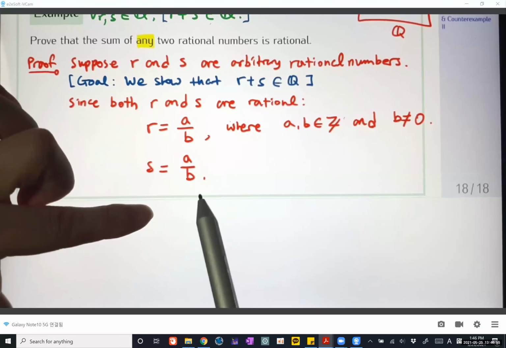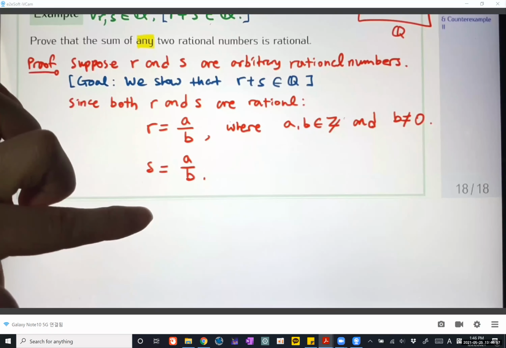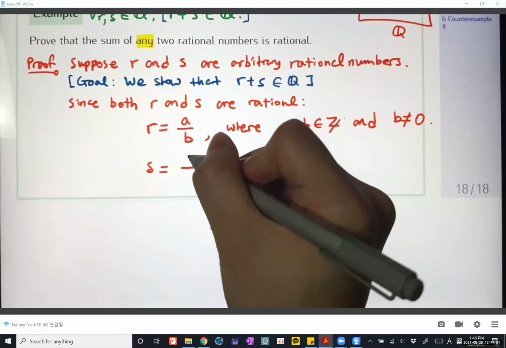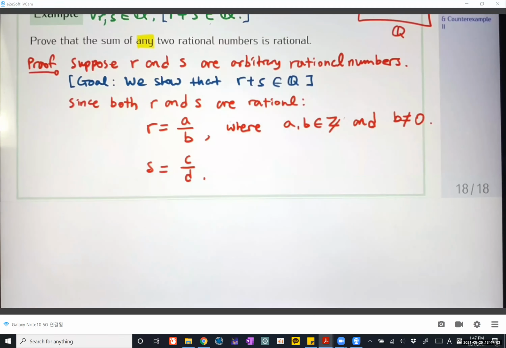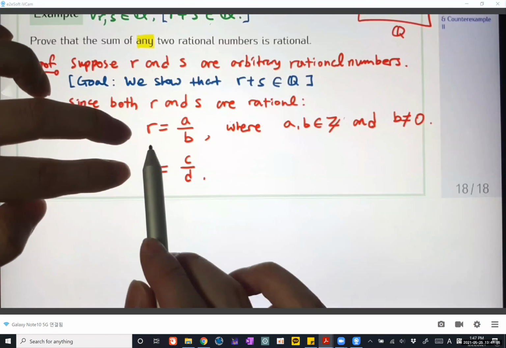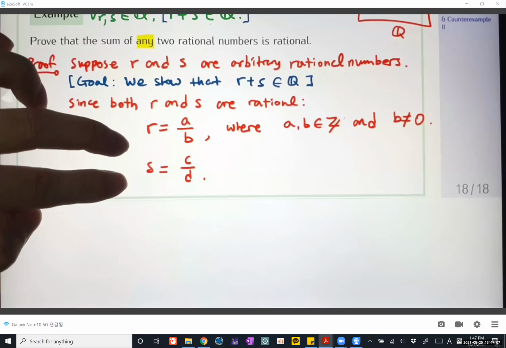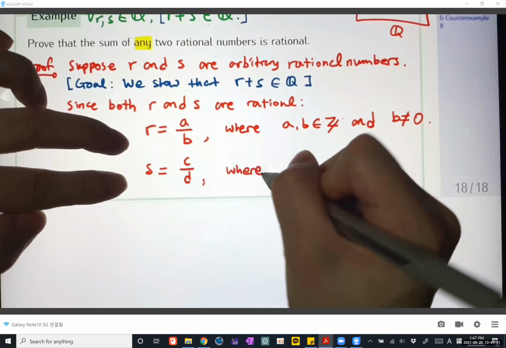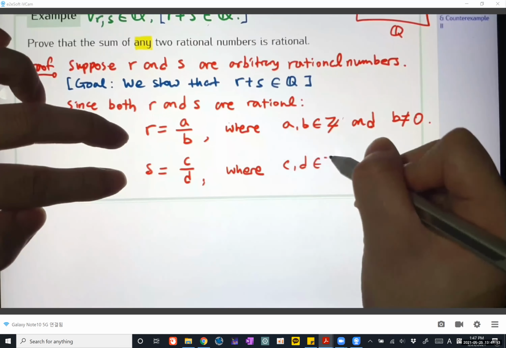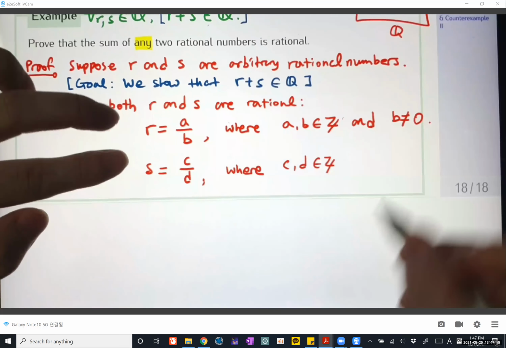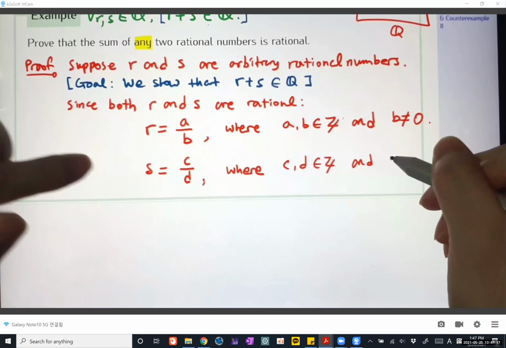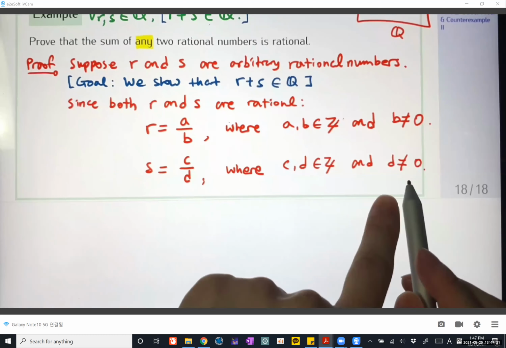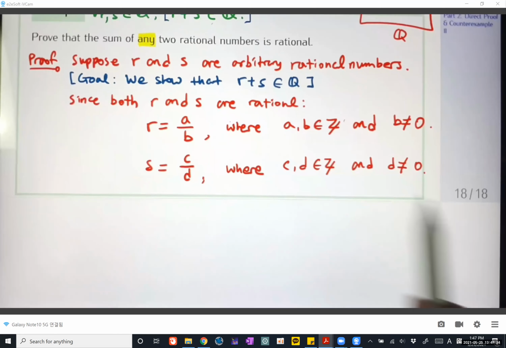I need to use two different letters, say C over D, because we pick two different numbers from the set, where C, D belongs to the set of Z and our D is not equal to 0. We must have that condition. Otherwise, it's not a fraction or it's not a rational number.